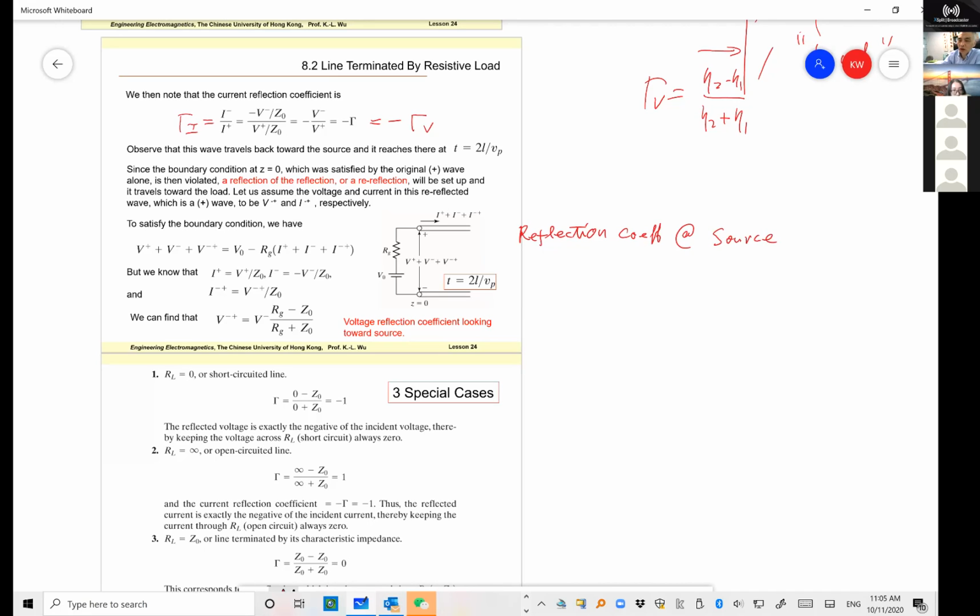Just now we had the load, right? So now let's look at the source. When you look at the source, you look into this, and short-circuit the voltage source, what you see is RG.